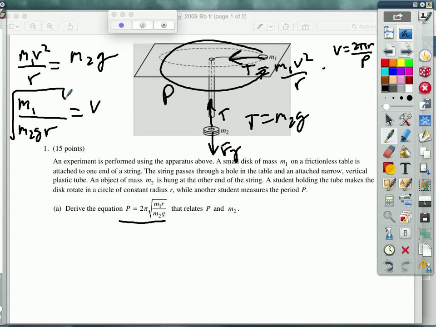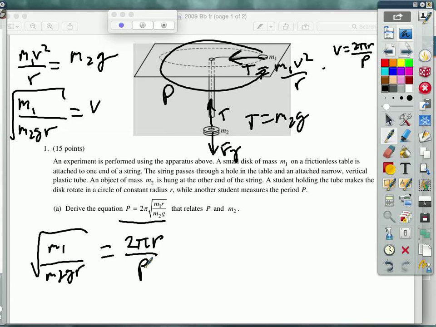So V is going to equal the square root of M1 over M2GR. All right? Now, that means I have those two things equaling V. So I can say, square root of M1 over M2GR equals 2 pi R over P.